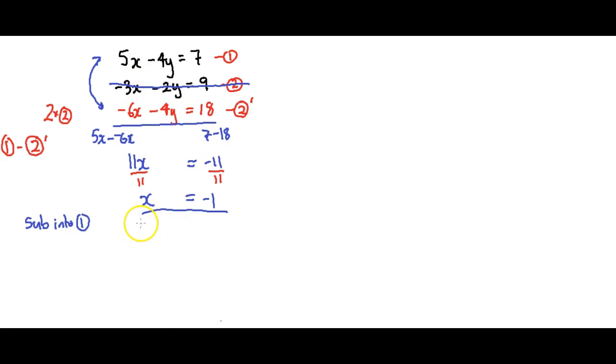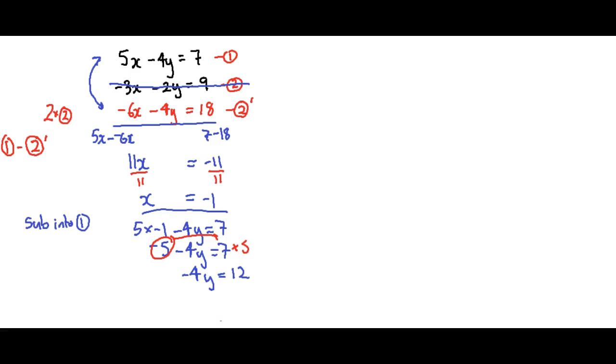So 5 times x will be 5 times negative 1 minus 4y equals 7. 5 times negative 1 is minus 5. And then I'm going to take that minus 5 and change its side so it becomes a positive 5 over there.